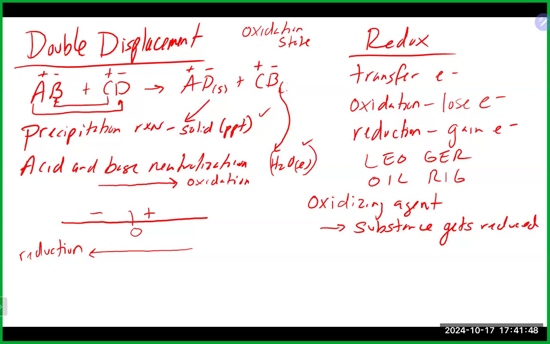The only place it can gain electrons from is somebody else that gets oxidized. So it causes the oxidation in the other substance, which allows it to accept the electrons and be reduced, while the reducing agent is a substance that gets oxidized.